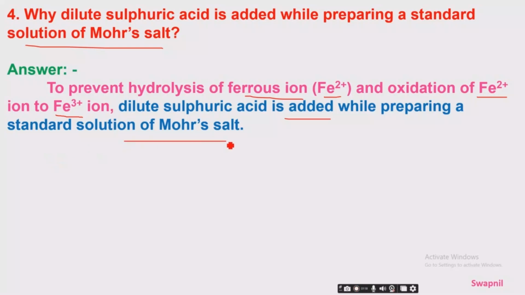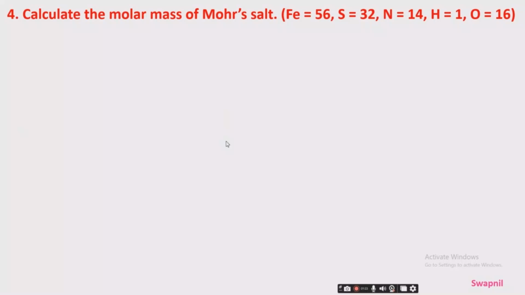So next question is, calculate molar mass of Mohr's salt. Given that molar mass of iron is 56 gram per mole, molar mass of sulfur is 32 gram per mole, molar mass of nitrogen is 14 gram per mole, molar mass of hydrogen is 1 gram per mole, and molar mass of oxygen is 16 gram per mole.